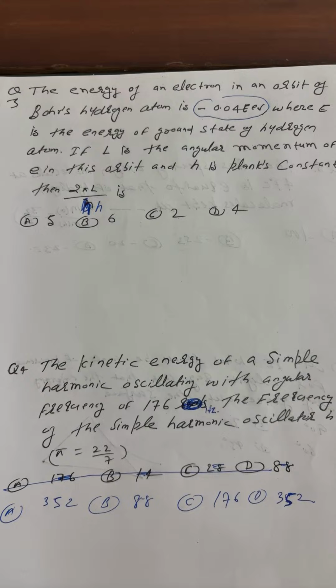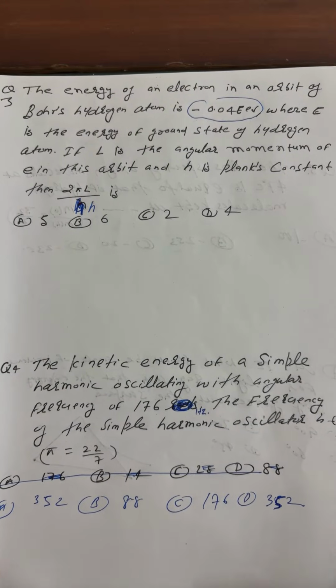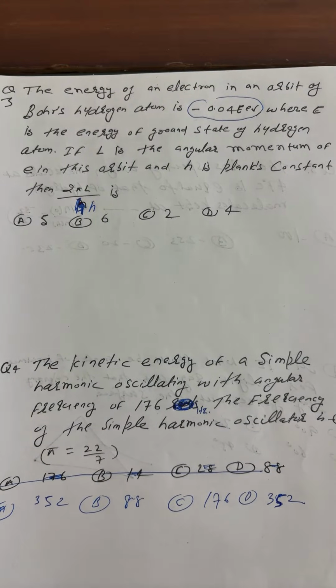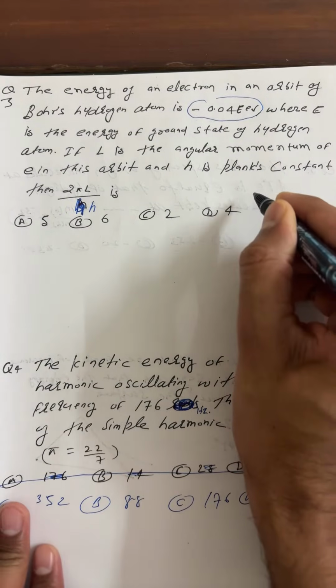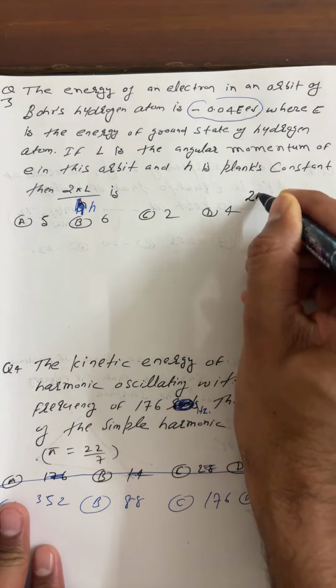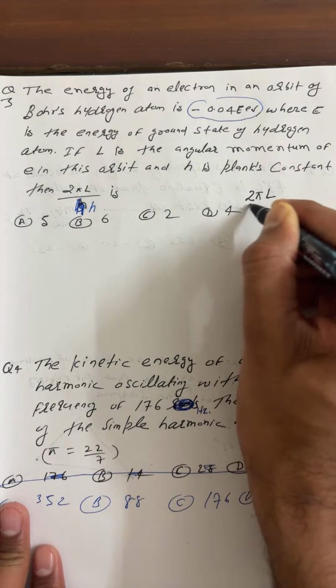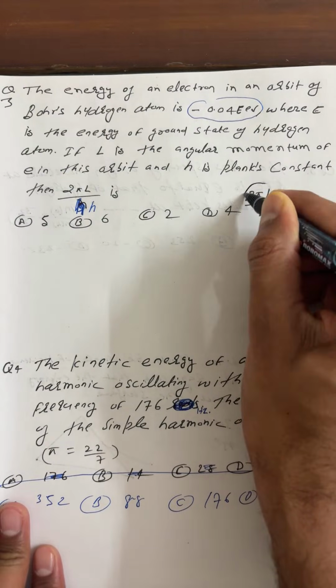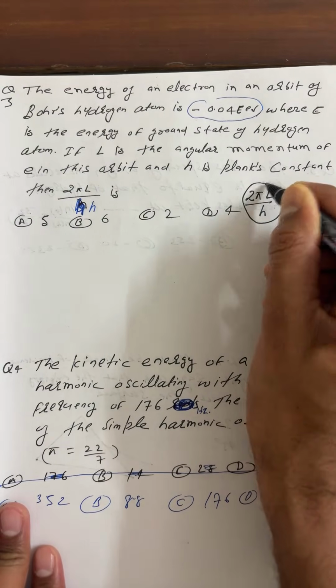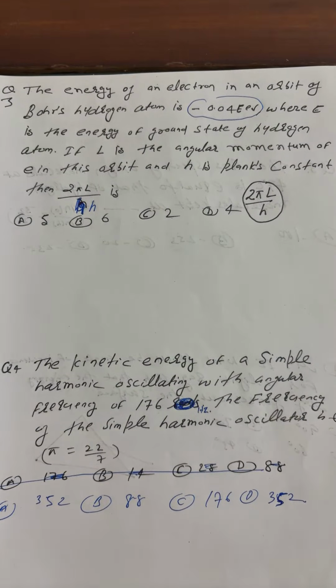If L is the angular momentum of the electron in this orbit and h is Planck's constant, then we have to find 2 pi L upon h. Students, data can vary. It's a memory-based question, right? So keep in mind this basic concept.